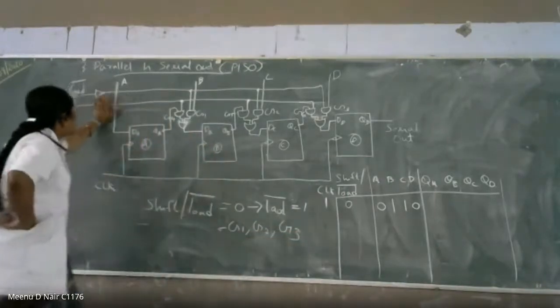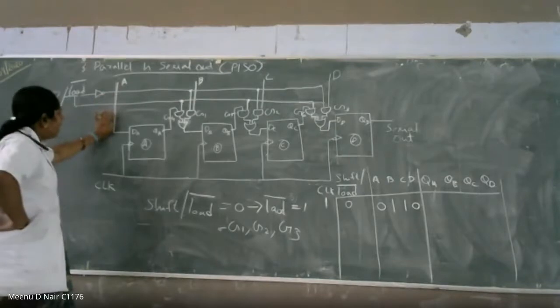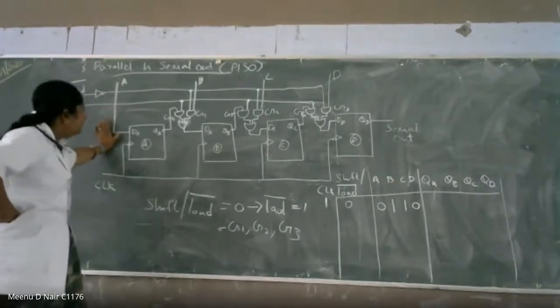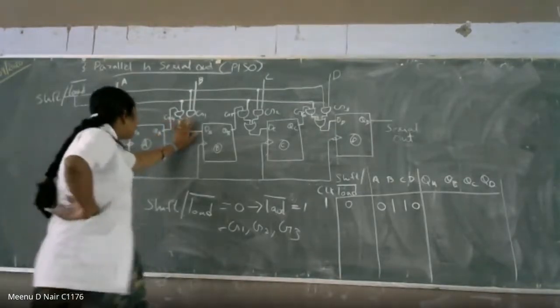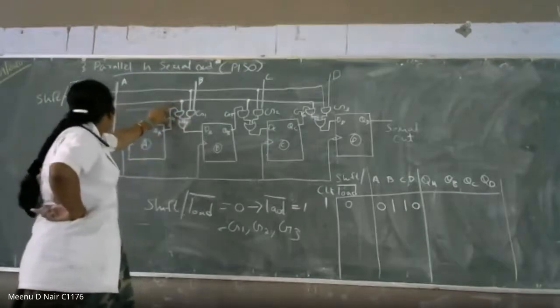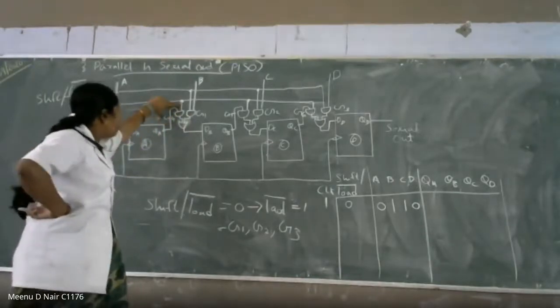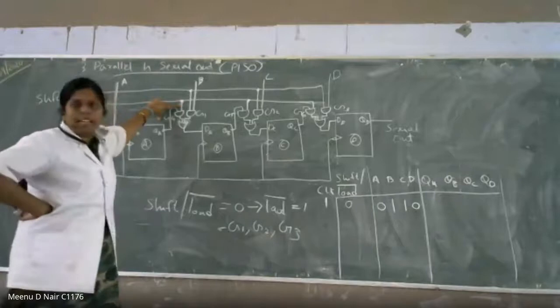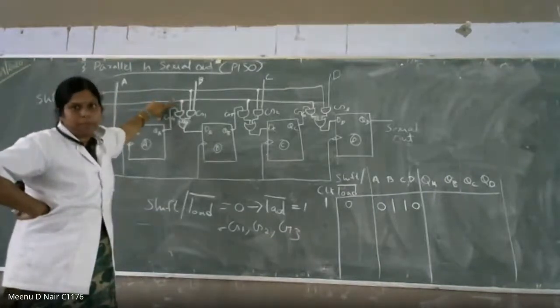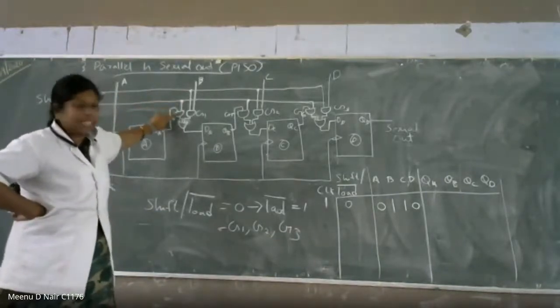So the A input will be coming like this. DA is a load, and because this shift line is 0, in the AND gate one input is 0, so your output will be 0. So this AND gate is disabled.